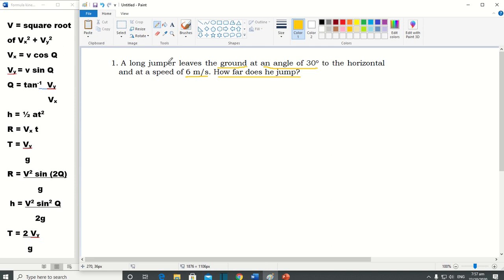Or illustrate muna natin siguro. Sabi, from the ground, ayan, dito na lang, merong jumper. Ayan, stickman na lang. Hindi rin ako marunong mag-drawing. Tumalon siya at an angle of 30 degrees.